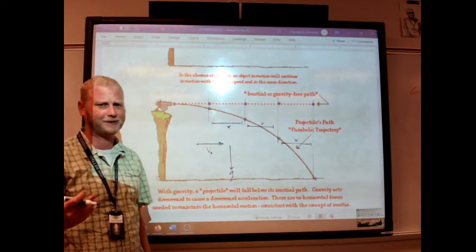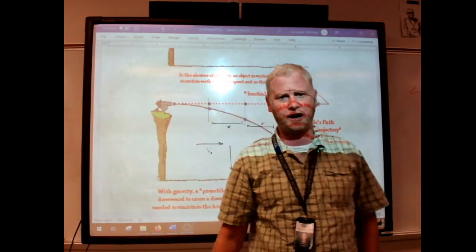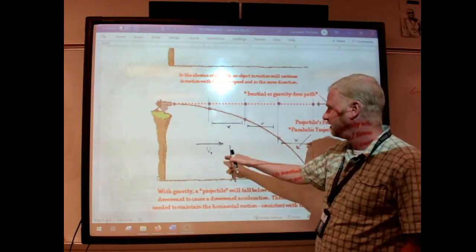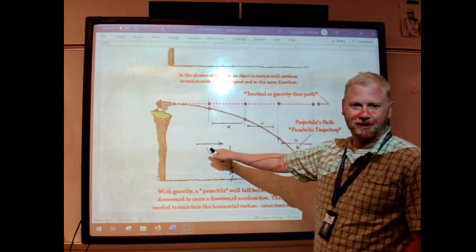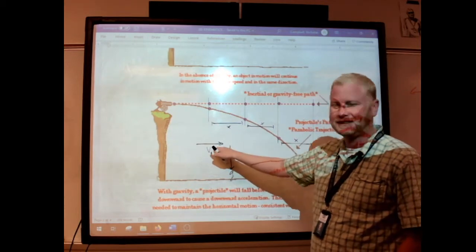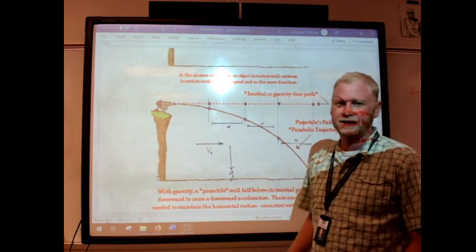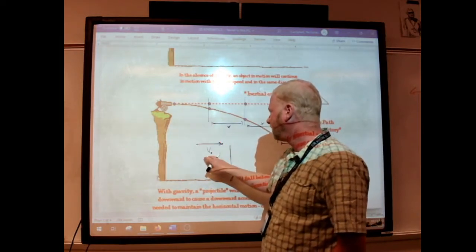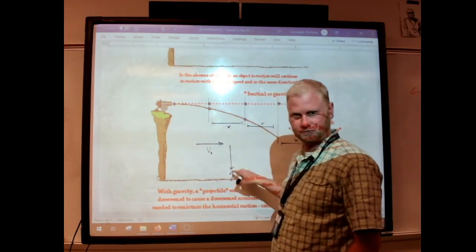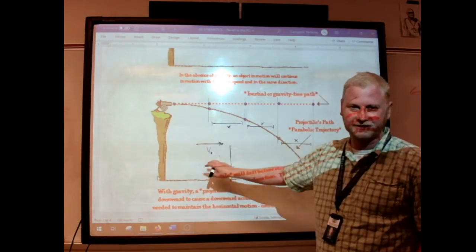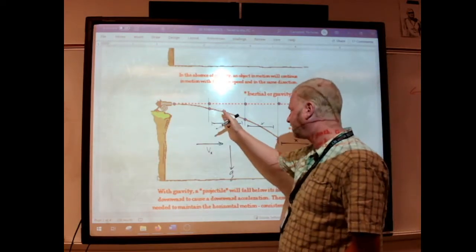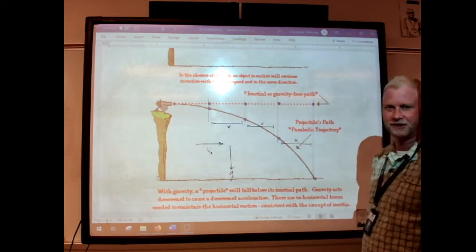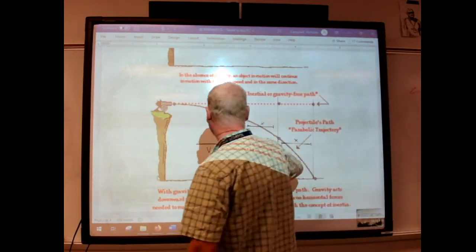And as we talked about before with vector quantities, a vertical vector has no influence on a horizontal one. They don't coexist at all in any dimension, and so your vertical acceleration does not affect your horizontal velocity. So horizontally speaking, this cannonball continues at a constant velocity, at a constant speed.